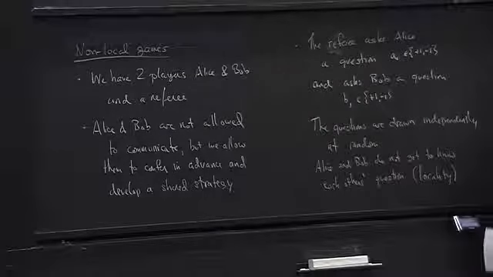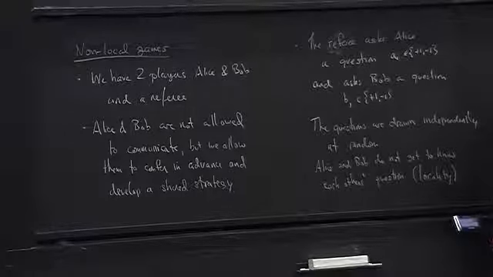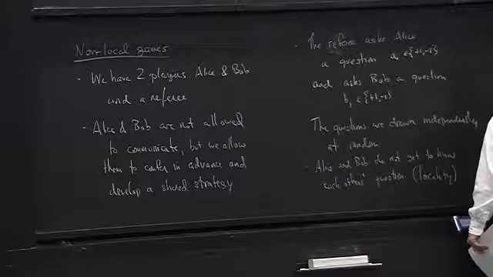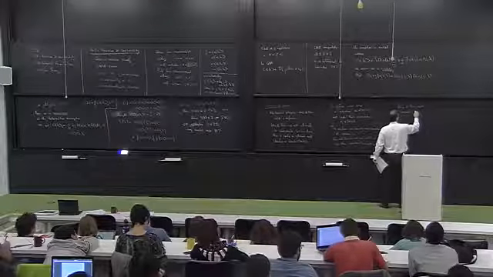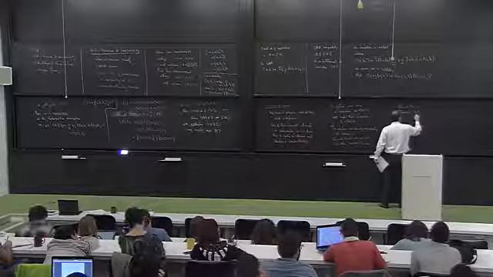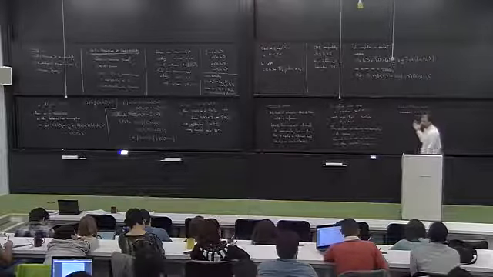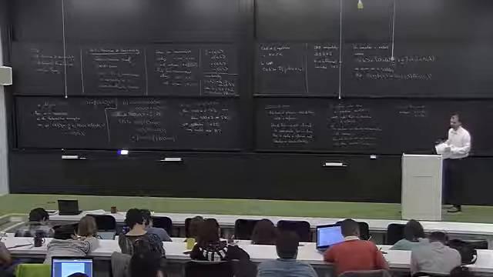And Alice and Bob must answer, x is 0 or 1 and y is 0 or 1. Whether this is 0 and 1 or plus 1 and minus 1 is totally irrelevant.